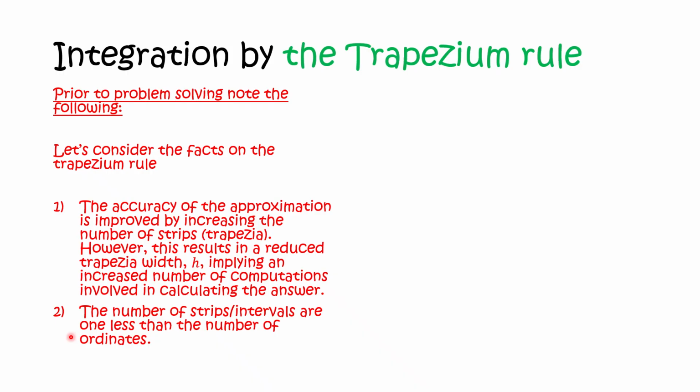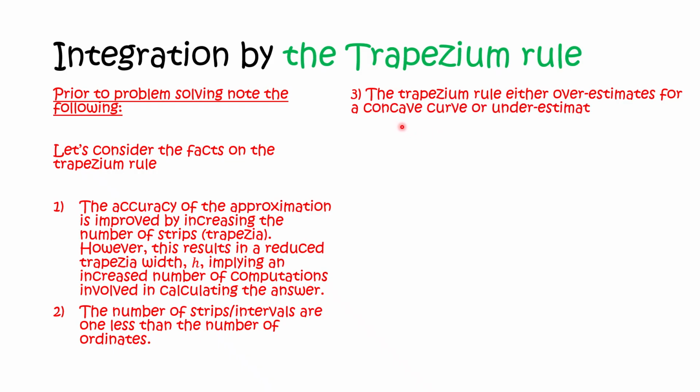So if we count, those would be 1 more than the strips that we have. The third thing is the trapezium rule either overestimates for a concave curve or underestimates for a convex curve.